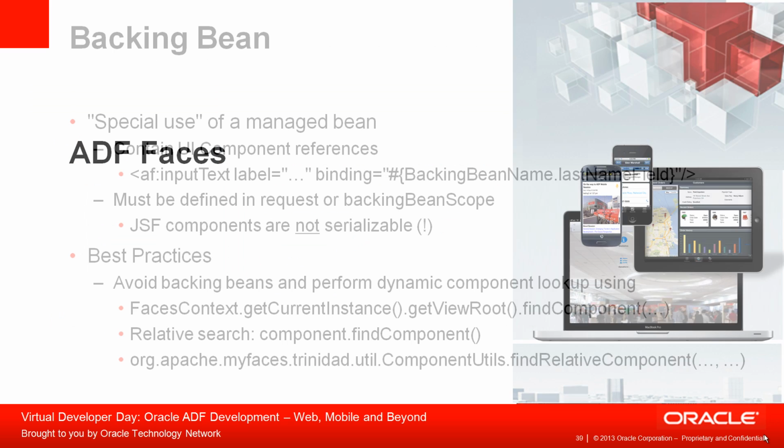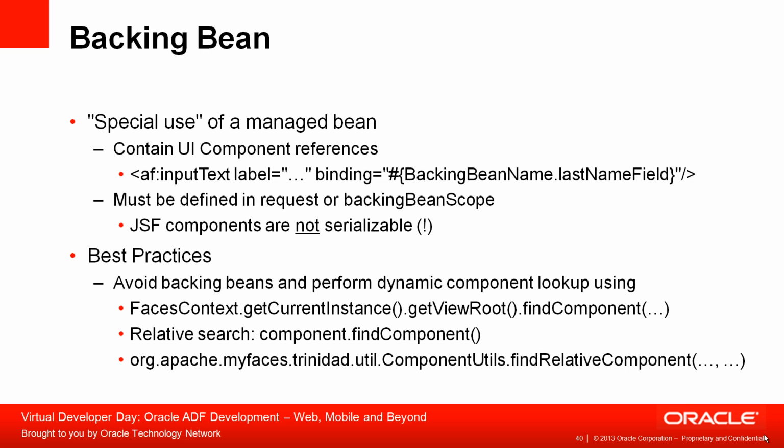ADF phases. Here it's important to talk about backing beans. Backing beans are special users of managed beans. They contain UI component references. You can have a component reference to a backing bean so that within your code, like a value change listener, you can access that component, refresh it, or manipulate it differently.